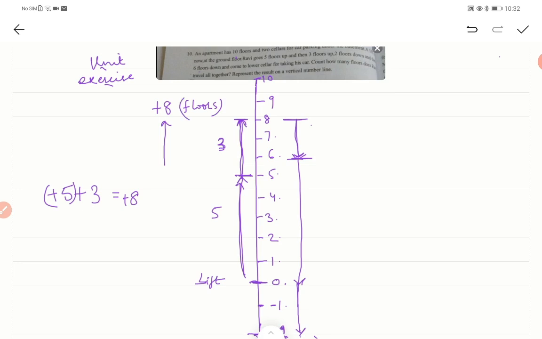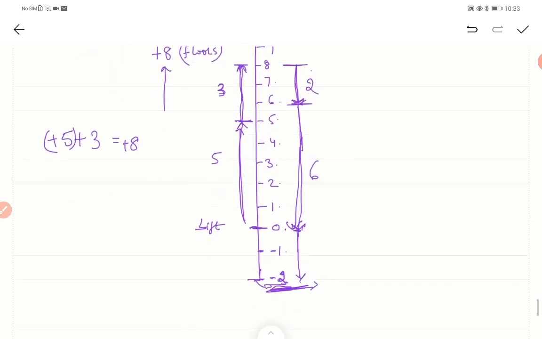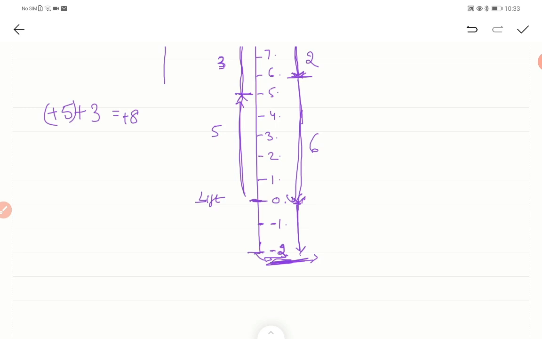Now from the 8th floor he traveled 2 floors down. After that he came 6 floors down. From the ground floor there was no lift maybe, so he went to the lower cellar parking.